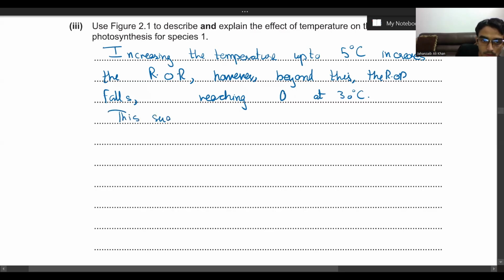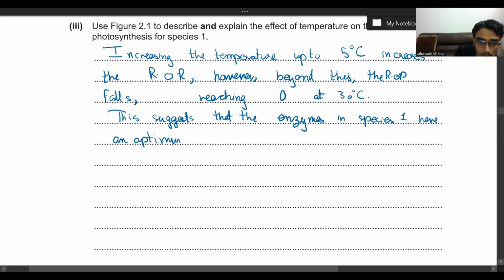Hence, the enzymes in species 1 have an optimum working temperature of 5 degrees.